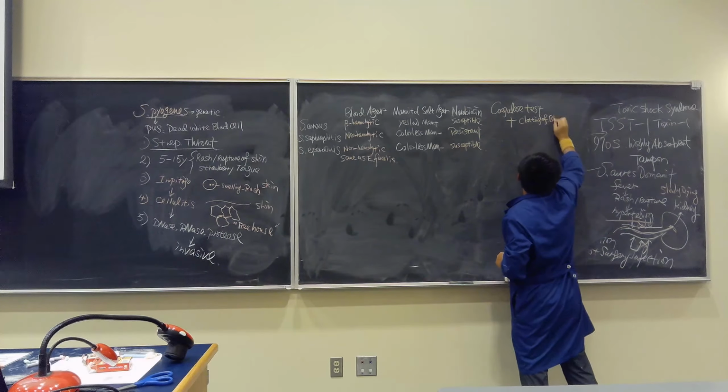Alpha hemolytic group. What are the two bacteria there? Streptococcus pneumoniae and viridans strep. How do we differentiate them?